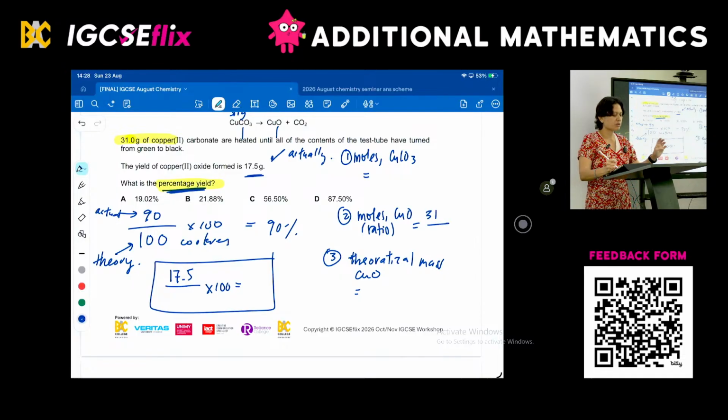Copper is 64, oxygen is 16, carbon is 12.